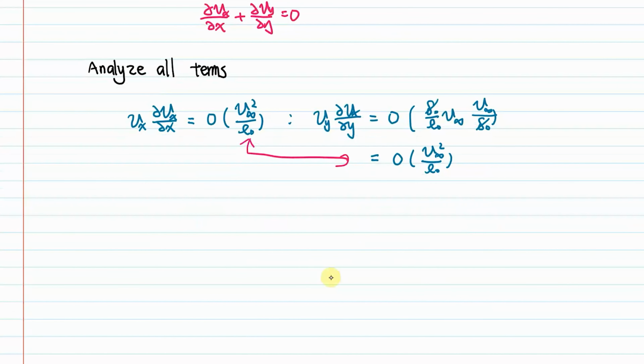Now let's look at partial square Vx partial x squared.